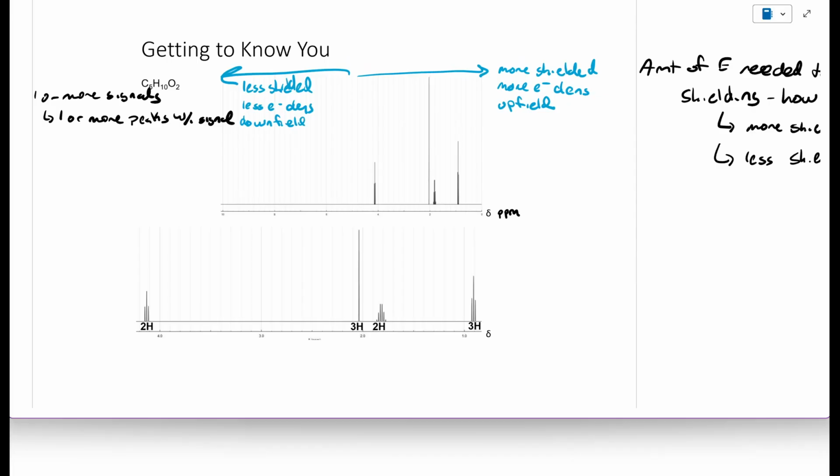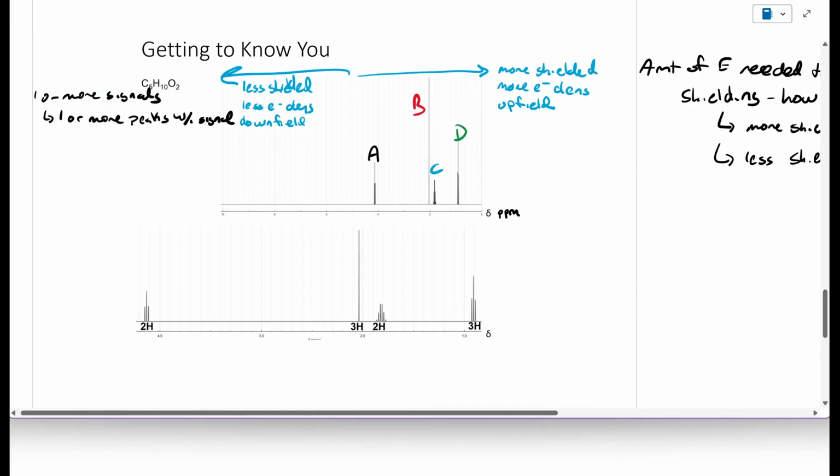And that's more of a relative term when you're comparing 2 peaks. So if I label these peaks A through D, which is probably a good idea, we'll call this one A, this one B, this one C, and the last one D. Then I can say that signal C is downfield relative to signal D. Signal C is upfield relative to signal A. So that means that the hydrogens represented by signal C have less electron density.